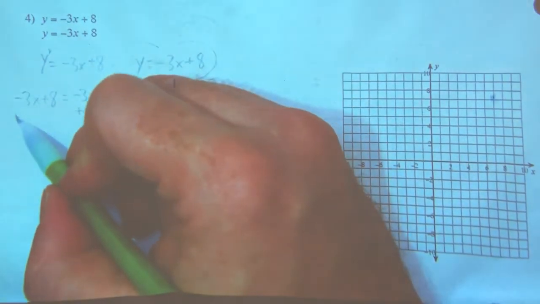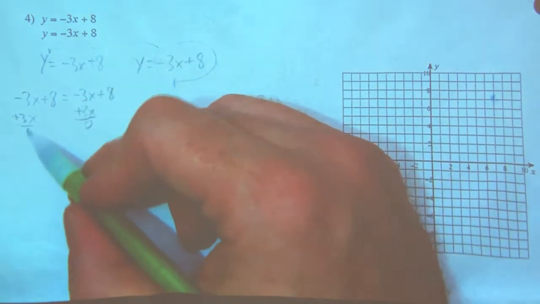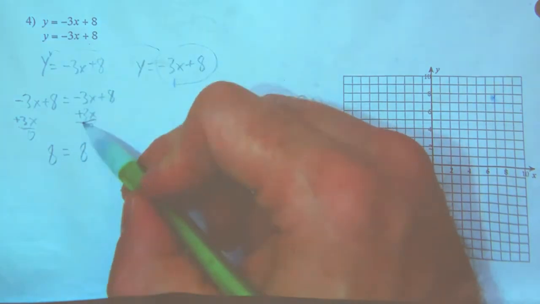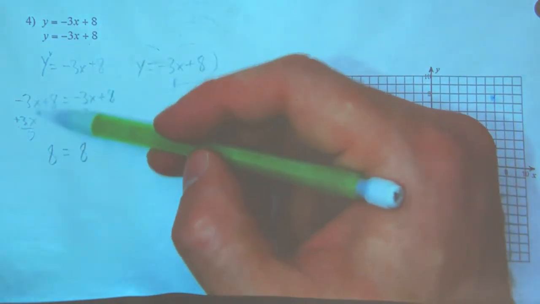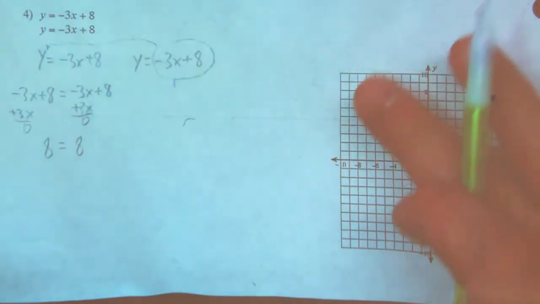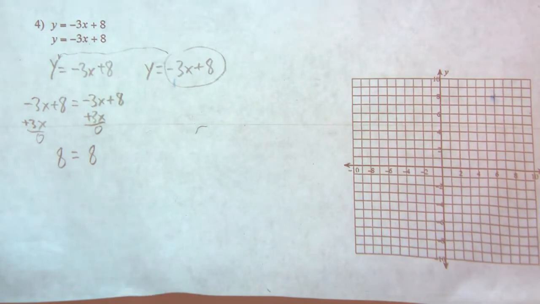And again, hopefully we'll see a pattern here and we could skip all of this process because we'd know right away there were infinitely many solutions. So the 3x and negative 3x cancel. Here, unlike when we had no solution and a false statement, we have a true statement. 8 is 8. That's a true statement, but again, no variables.